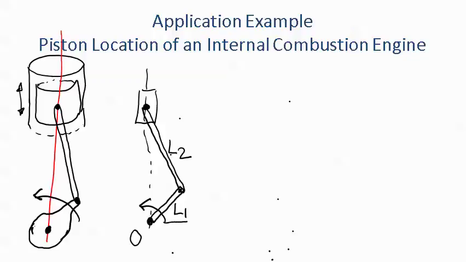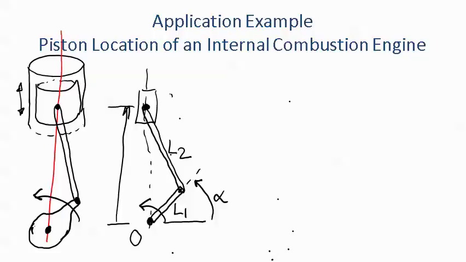We also know the rotation angle of the crankshaft, alpha. And we are asked to find where this point will be, the connecting point of linkage L2 with the piston.